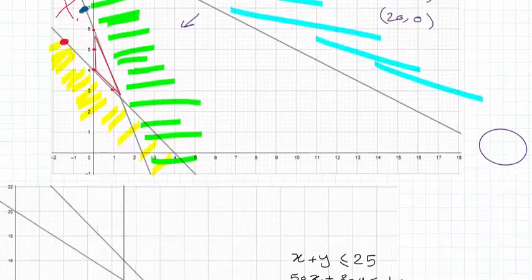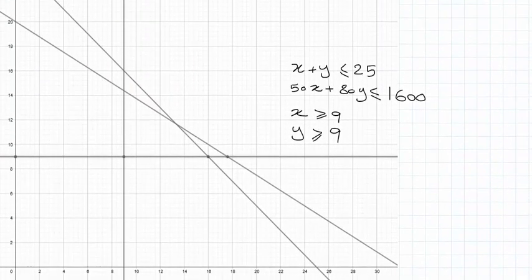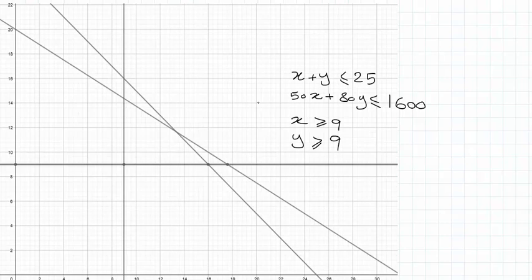Here are the 4 inequalities that we got from question 13. This inequality needs a simplification, so we can divide both sides by 10. That gives 5x plus 8y is less than or equal to 160.